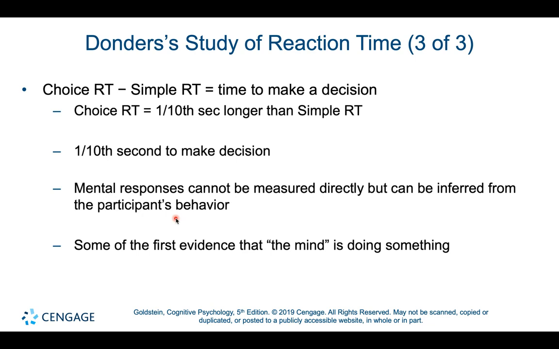But what Donders has shown is that the mind is doing something because it takes extra time to make a decision, right? If the mind was not involved in this, if the mind didn't matter, then the simple reaction time and the choice reaction time would be equal. They would both be, whatever, 100 milliseconds or 150 milliseconds. But that's not what he found. He found that having to make a choice, left button versus right button, causes a delay in reaction time.